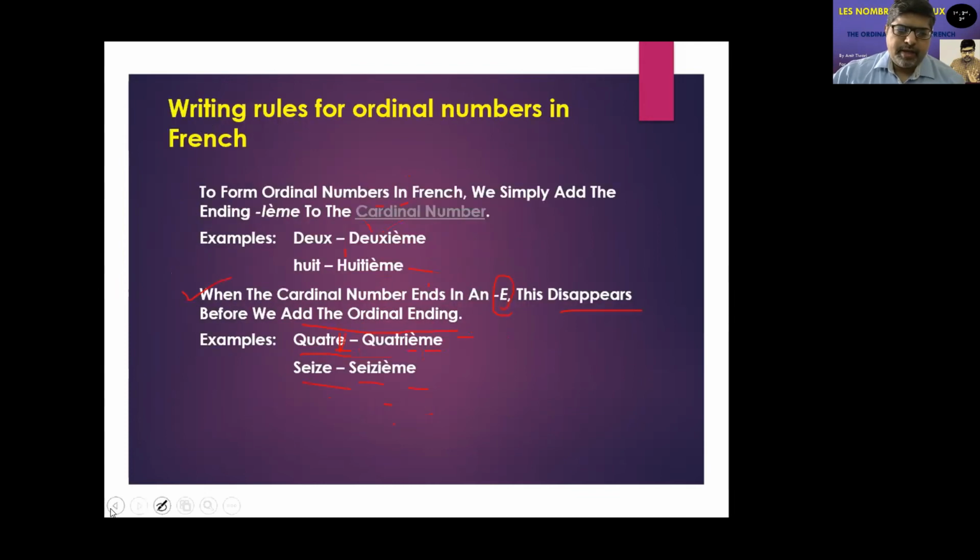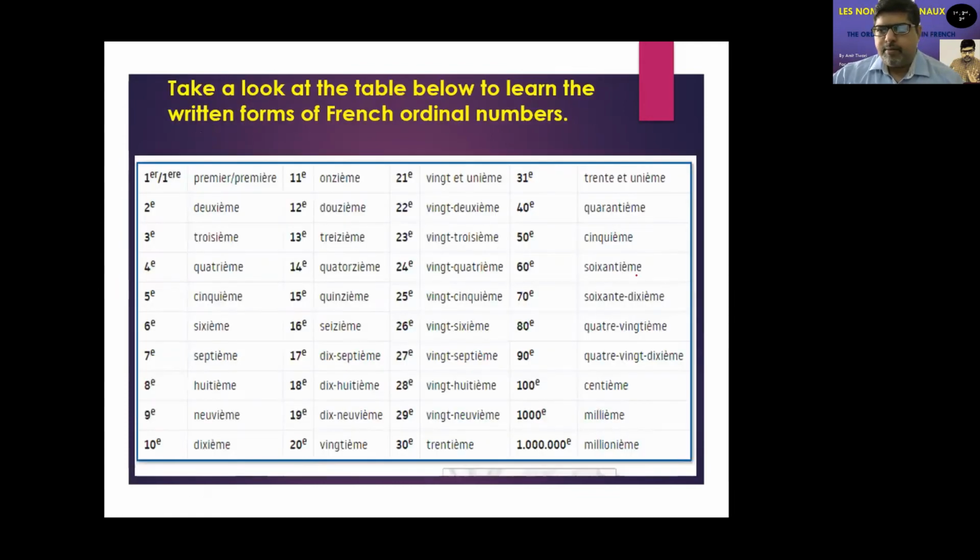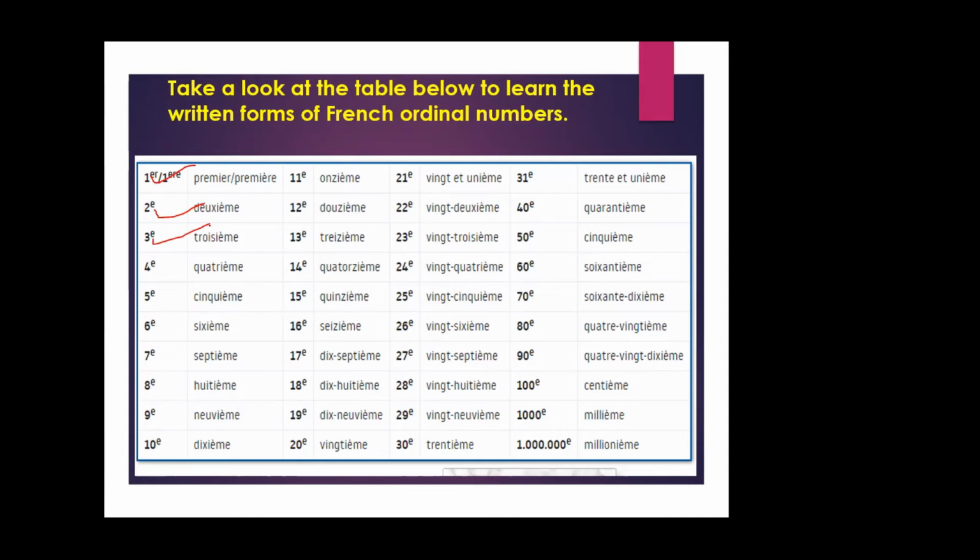So these are the ways by which we can learn about the numbers. Now let us look at these numbers in general. First will be premier, second will be deuxième, third will be troisième. You only need to add I, E, acute accent, M, E. Quatrième, cinquième, with U there.